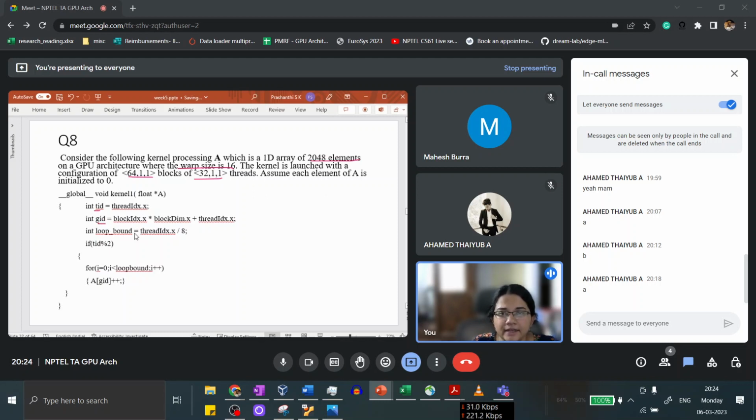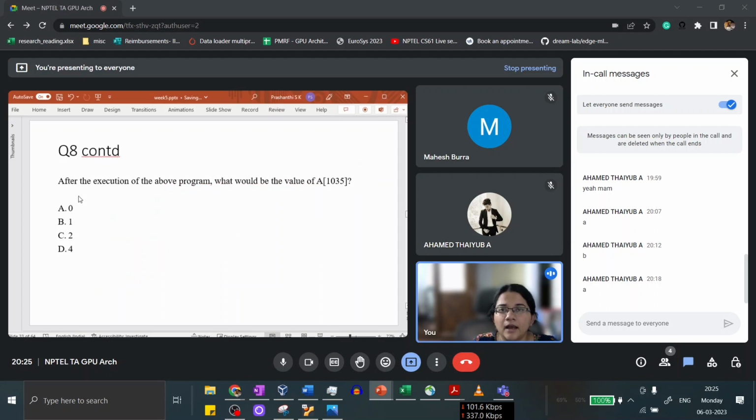Now after that we have a statement that says loop bound is threadIdx.x divided by 8. If TID mod 2, you will execute this in a loop till it hits this loop bound value. You will increment the value of A corresponding to this GID, and this is the program.